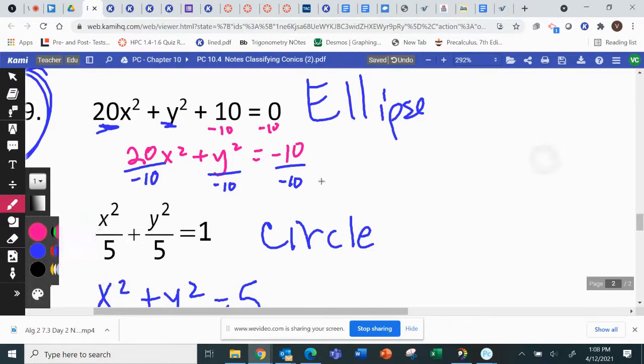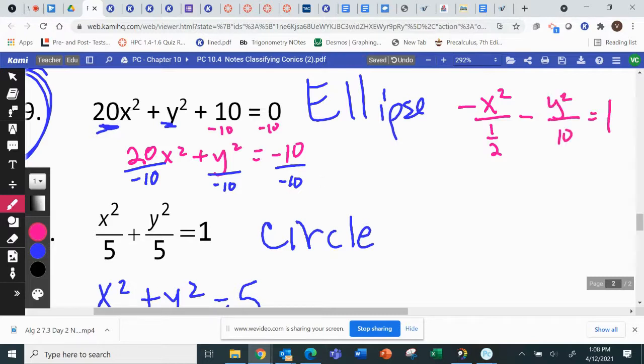So now I have, I'm going to simplify this a little differently than just dividing by -10. That would give me -2x squared. But since I need the number in the bottom, I just made it divide by a half because that's the same thing as multiplying by 2. And then I would get minus y squared over 10 equals 1.